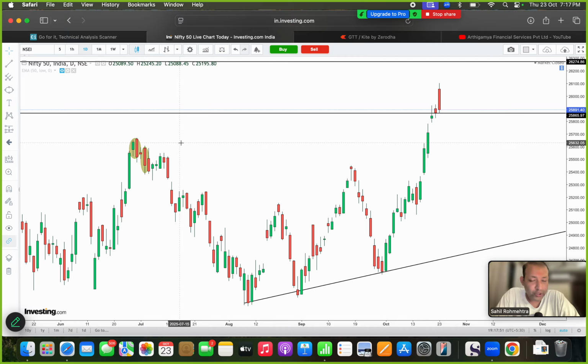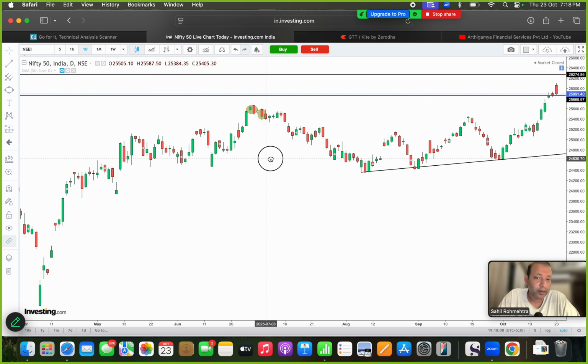But if you go strictly by the definition of bearish engulfing, in that case we need a higher gap up, something like this. We need a higher gap up. But you will find a lot of traders treat this as a bearish engulfing and not bother too much about a few points here and there.